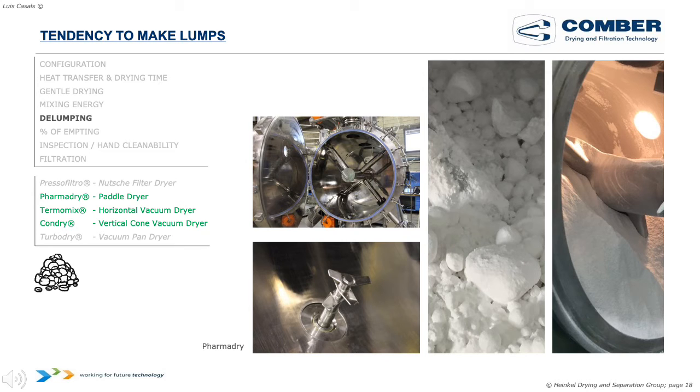And on the right-hand side, you can see the solution, the same process with the delumping device already installed in the unit. This device is available for three different options: the paddle dryer, Thermomix, and it's also possible to install it in a ConDry.